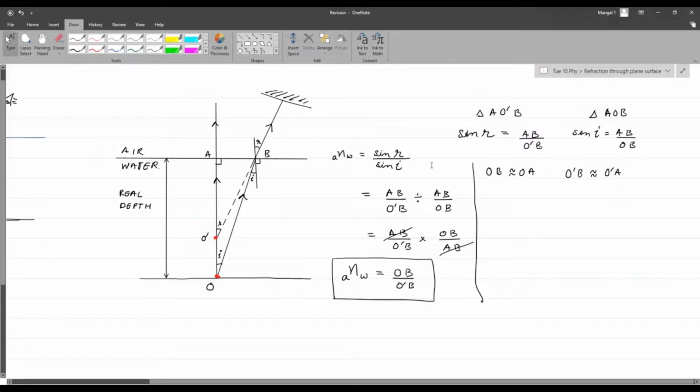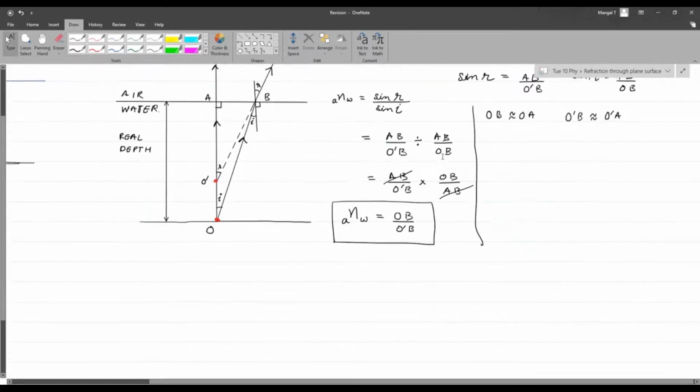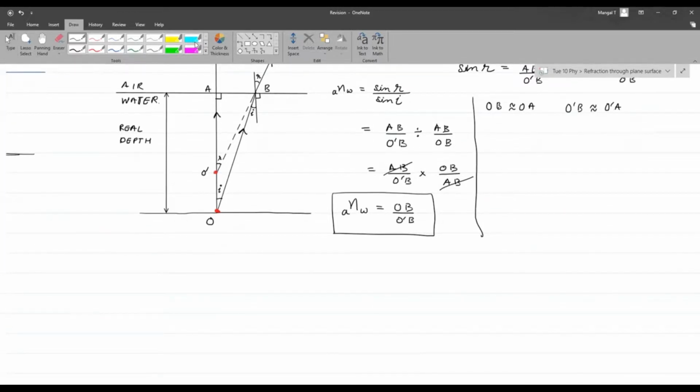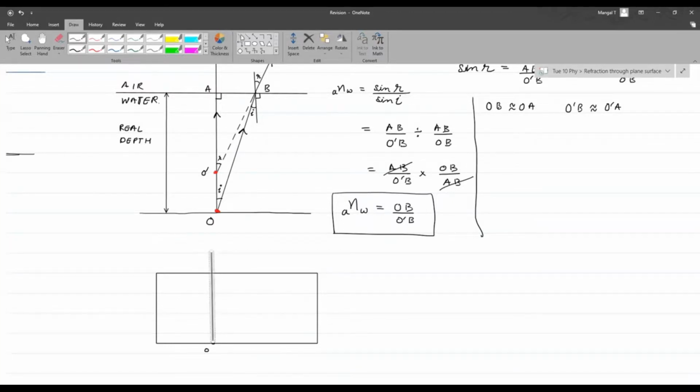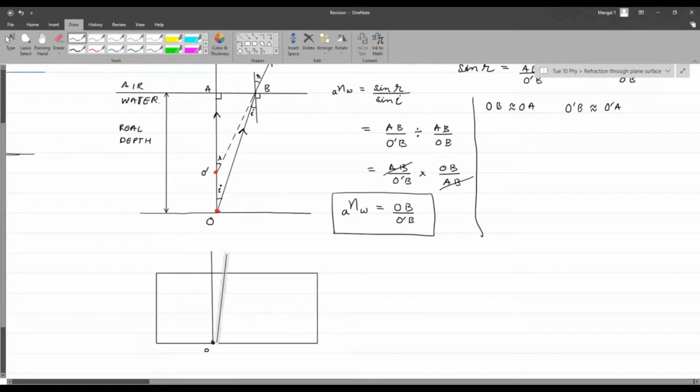Now why do I say that? Students, in reality, in practice, suppose the water that we are talking about is a fish tank. So say for example, this is a fish tank and this is point O. The rays of light that are coming, which you are observing, are pretty close to each other, like this. They are so close because this will be your eye.